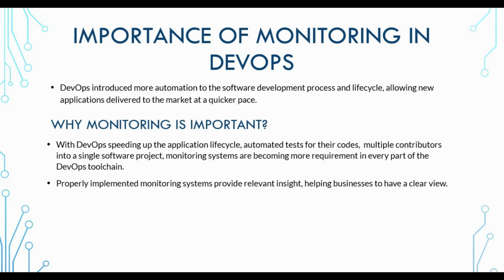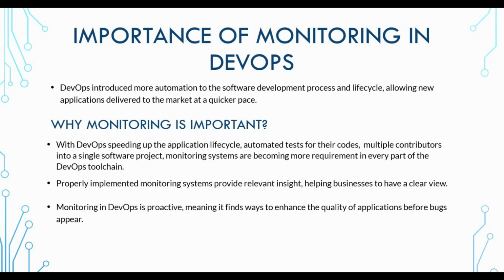All those things can be monitored using these monitoring tools. So monitoring is a proactive measure in the DevOps process, which helps us find issues and enhance the quality of the application delivered to the market, because we can easily identify bugs or any issues happening in these phases.